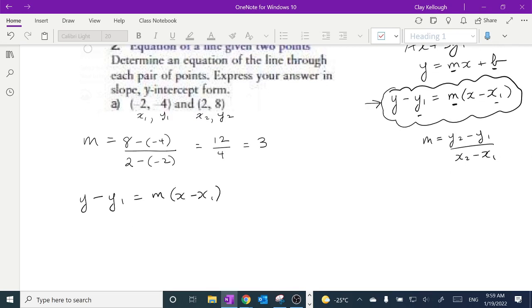So the y1 coordinate is -4, so that's y. Now I do this little trick. You've seen me do this before. Minus -4. Rather than write it like this, I like to do it like that. It's kind of one less step of simplification. In my head, what I'm actually doing is I'm writing the minus negative by taking this negative and rotating it by 90 degrees and turning it into a plus.